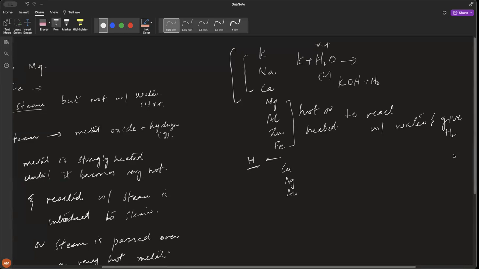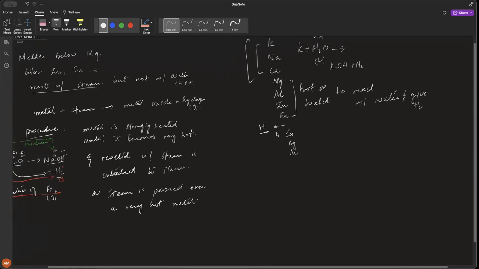Because they are not much more reactive than hydrogen, extra energy has to be given to the reaction so that it reacts with water.